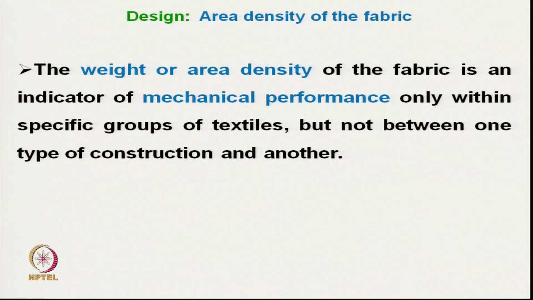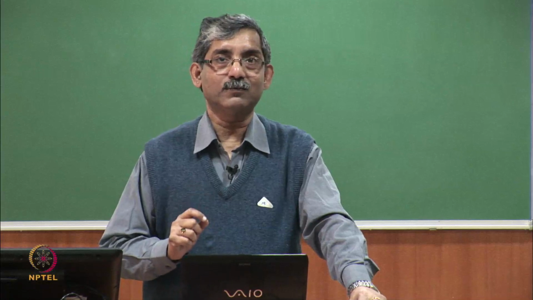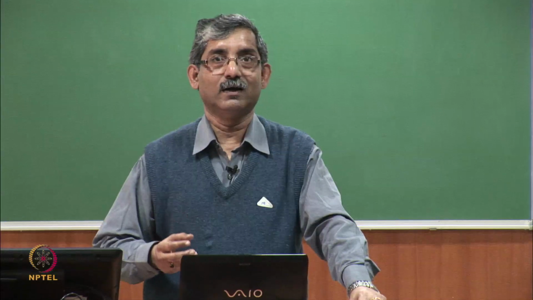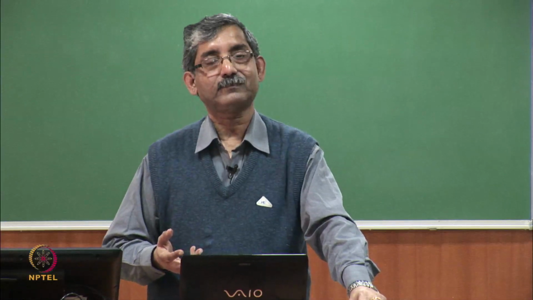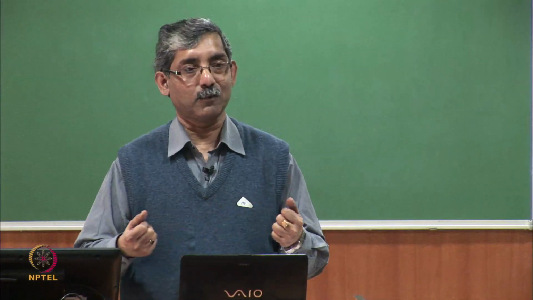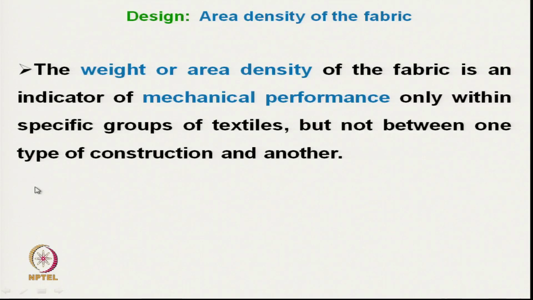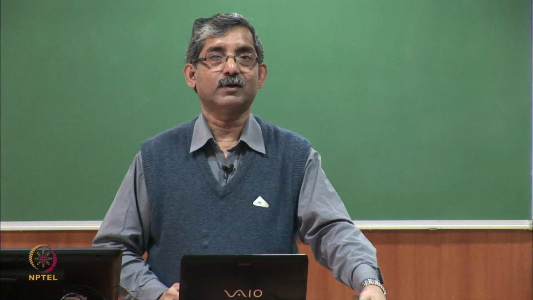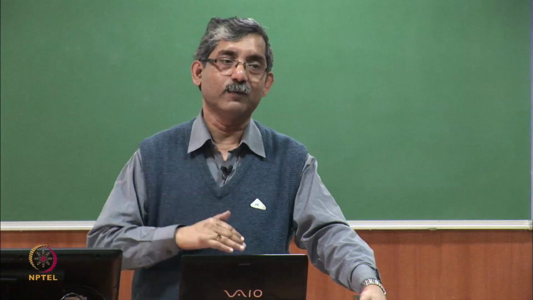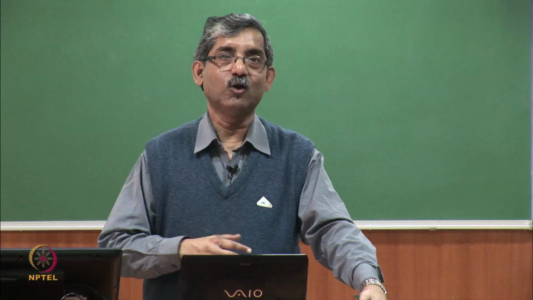Like if we take say needle punch fabric, the higher the area density, the higher will be the mechanical performance, higher will be the strength, stress strain characteristics, higher tensile strength. But for same mass per unit area, if we try to compare woven and non-woven, then it will be totally misleading.